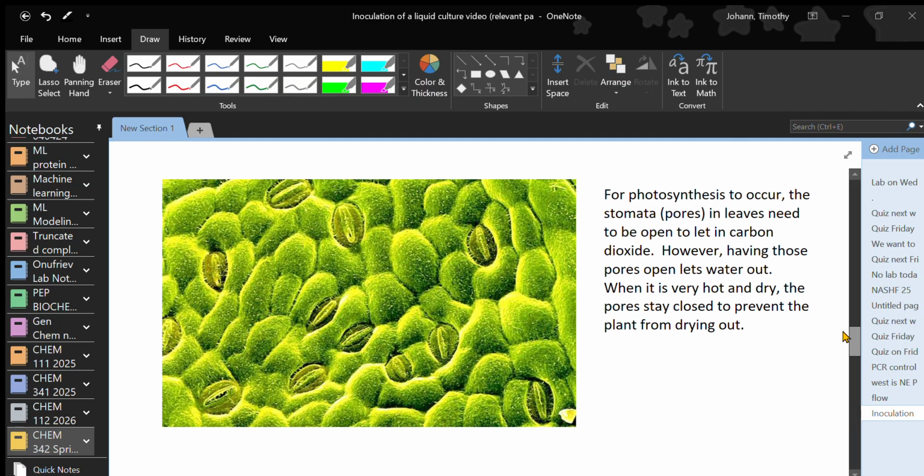All right, that makes sense? So you could have lots of sun outside, but you can't get any carbon dioxide to run photosynthesis.